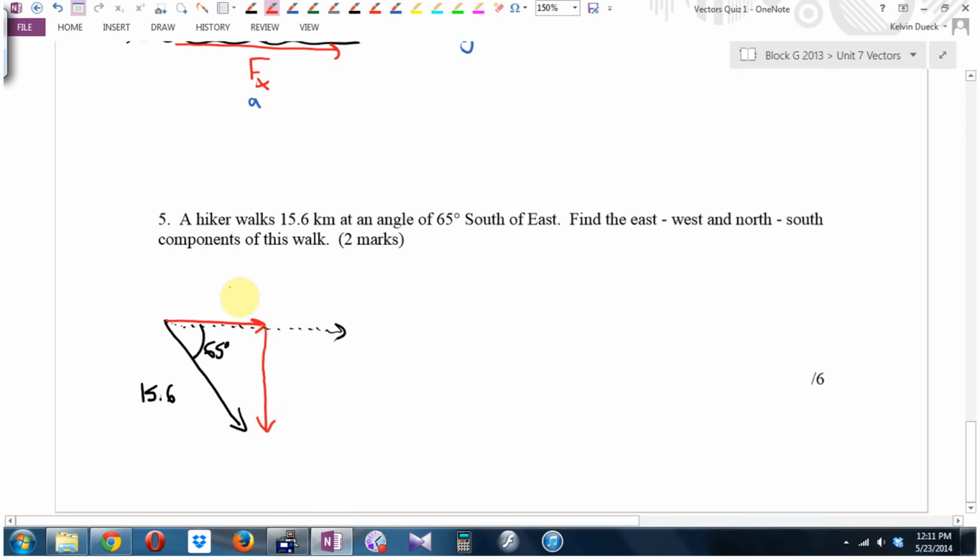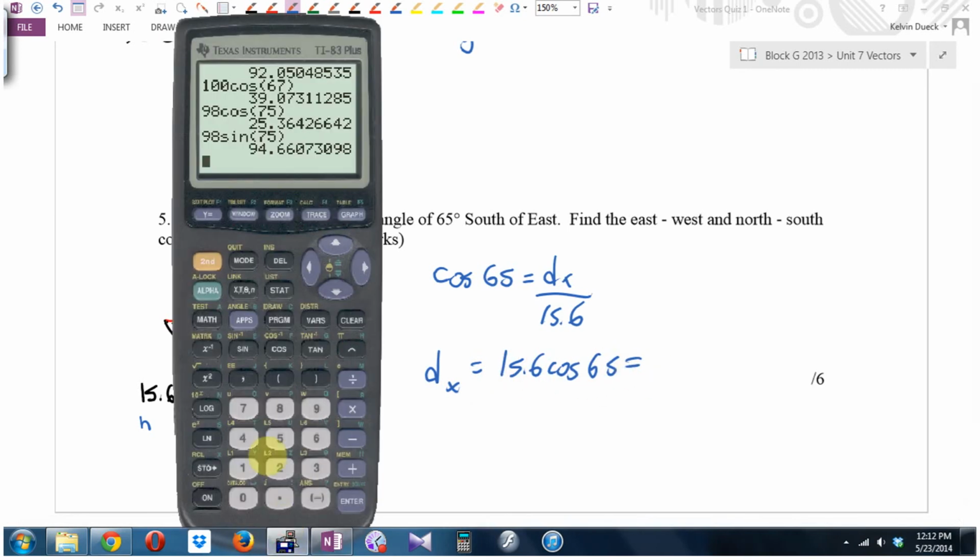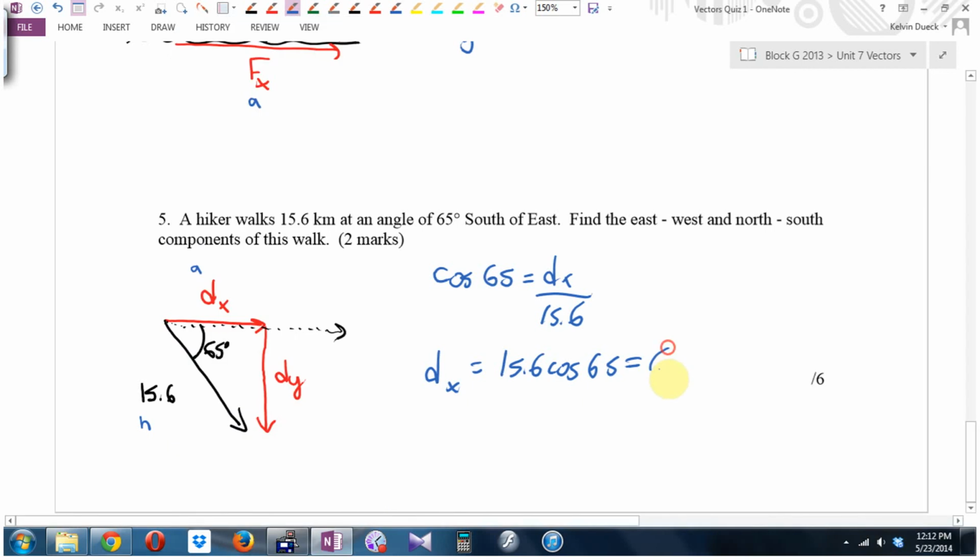Is this a force? No, this is distance. I'll call it dx and dy. dx is adjacent and we have the hypotenuse. Cosine of 65 is adjacent over hypotenuse, so dx is 15.6 cos 65, about 6.6 kilometers.